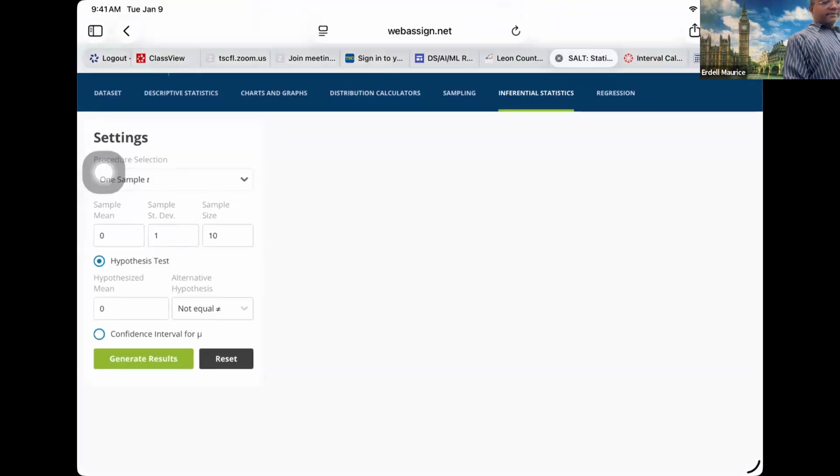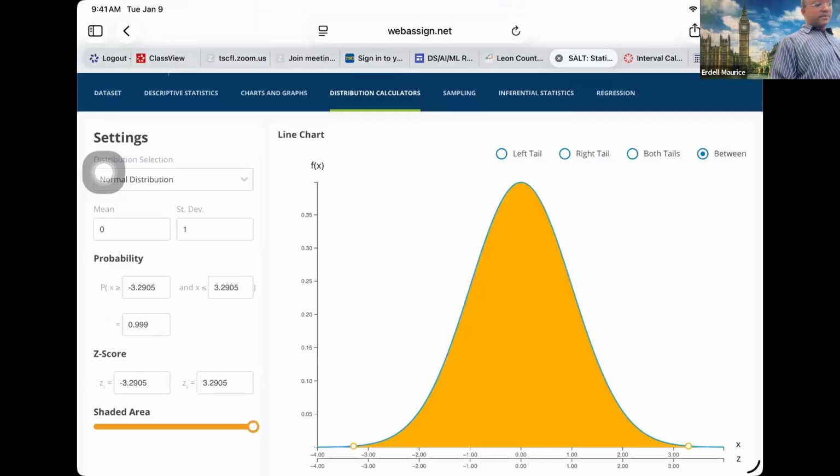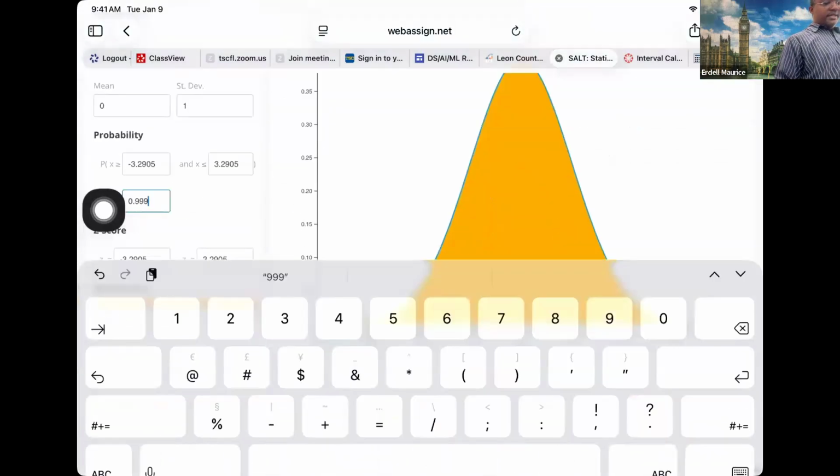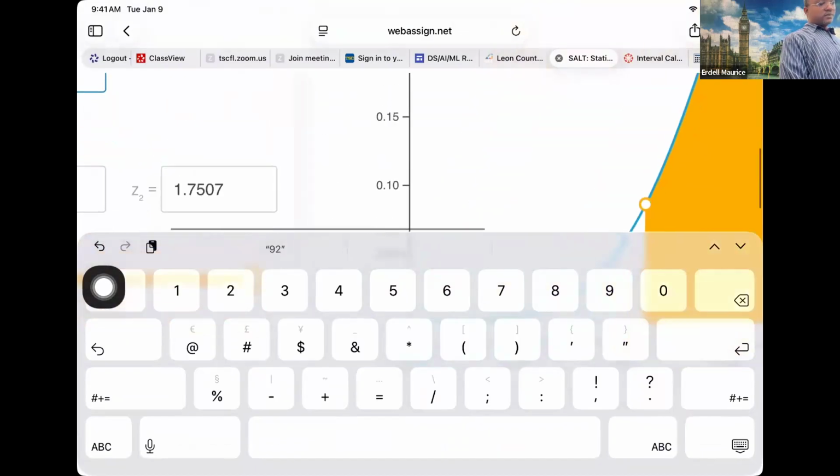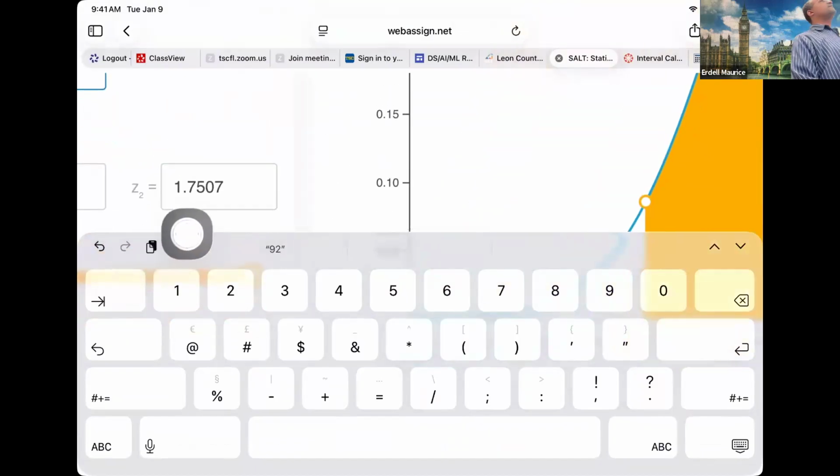We select distribution calculators. We click on between. We make sure there's a 0 and a 1 right here. And then we put in, we want to be 92% confident. This right here is your score. 1.75 to two decimal places. Questions there?